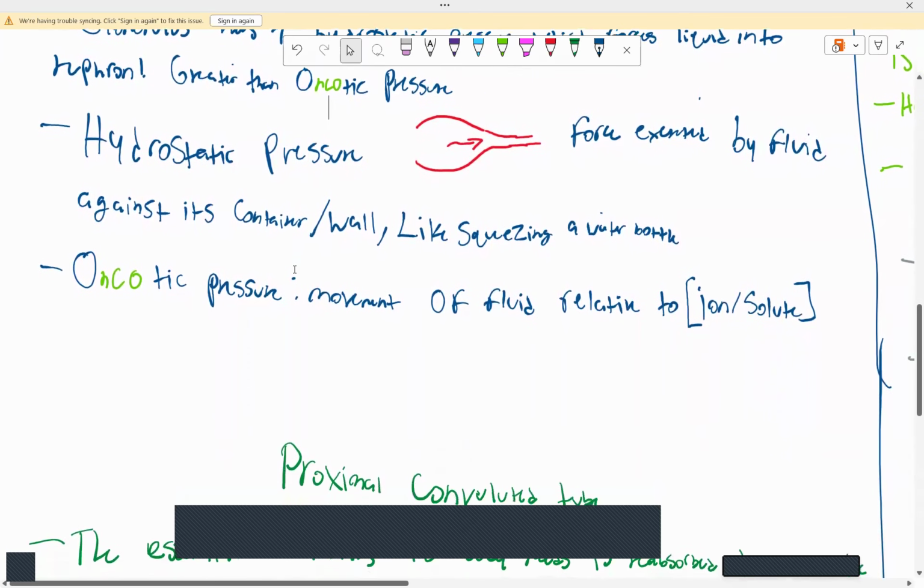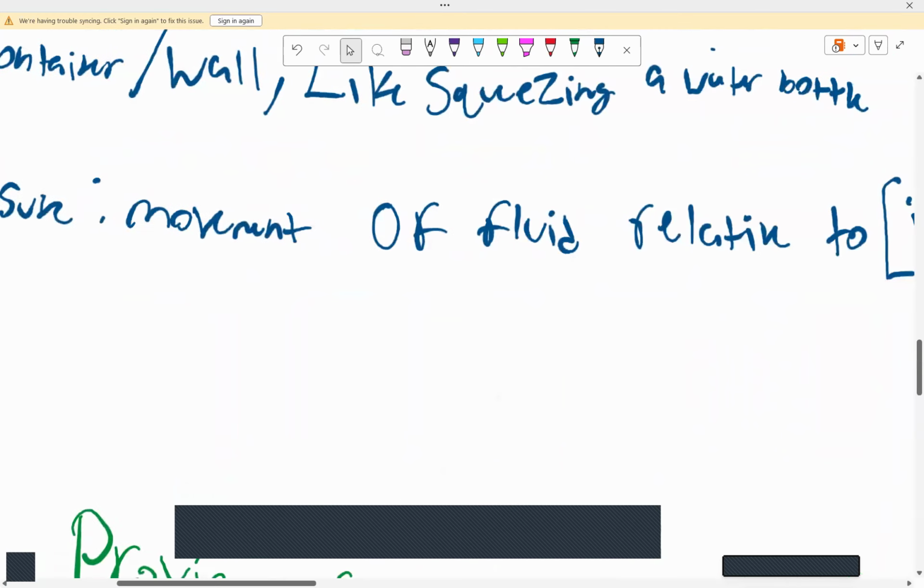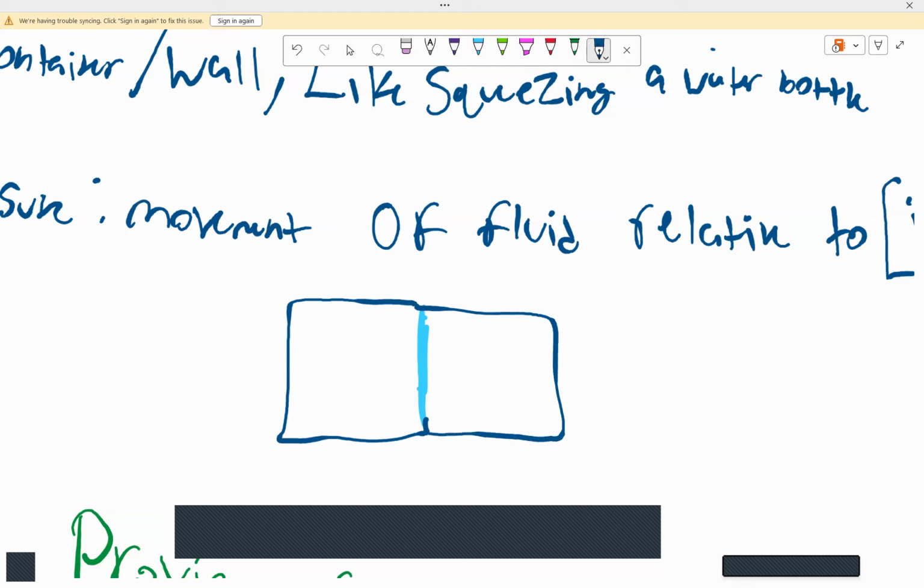Oncotic pressure is the movement of fluids related to the ions. This is more or less what I was trying to explain with equilibrium. Let me draw a little diagram. This is a membrane permeable only to water. Let's say one side has four ions and the other only has one.